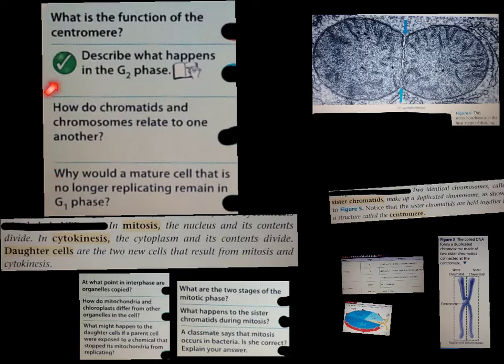Question 2, describe what happens in the G2 phase. Question 3, how do chromatids and chromosomes relate to one another? And number 4, why would a mature cell that is no longer replicating remain in the G1 phase? So you're picking two of these four questions to answer.